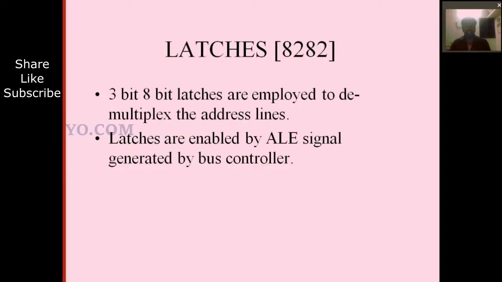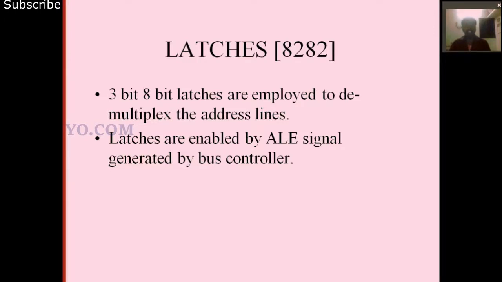Then in maximum mode you are going to use some extra hardware. First one, latches. The IC number of the latch is 8282. Three 8-bit latches are used here. These latches demultiplex the address lines.